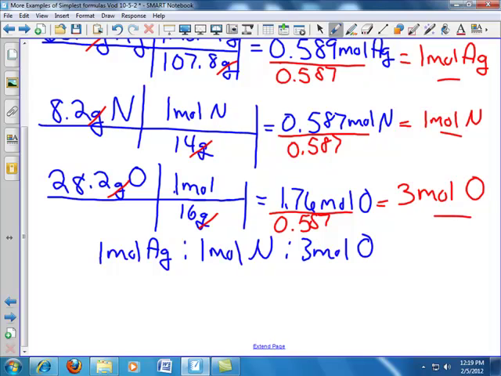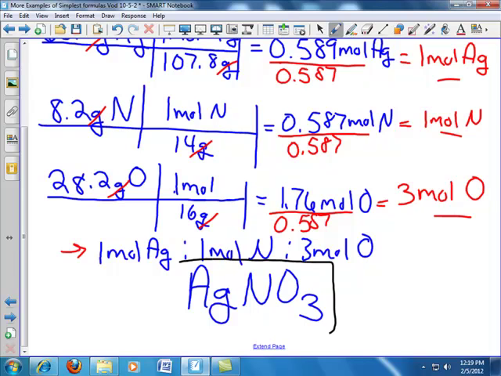You probably don't really need to write this statement out. Our last step then is to write the formula, and the chemical formula of this would be AgNO3. So that would be my final, simplest formula. Those are the steps.